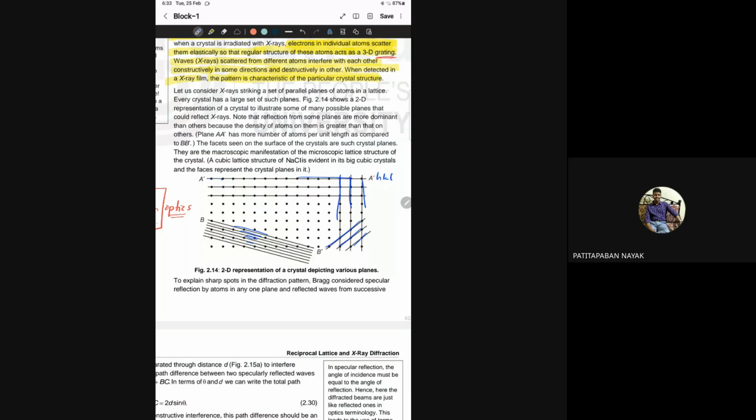The figure shows a 2D representation of a crystal structure to illustrate some of the many possible planes that could reflect X-rays.